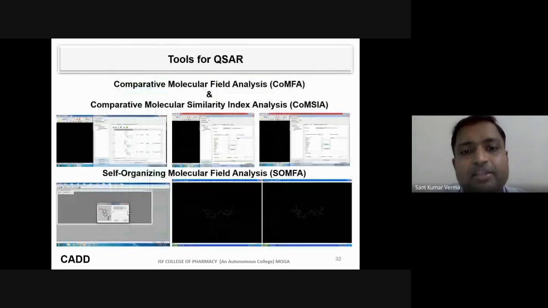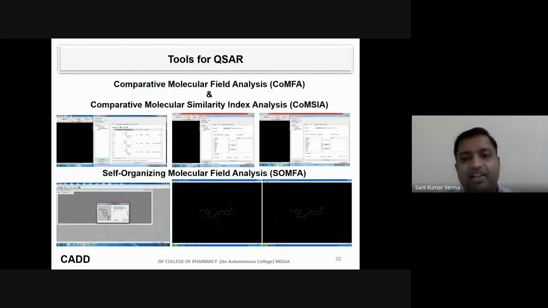These are the grid-based approaches where we get the grids of the molecule, grids like steric, electrostatic, hydrogen bond donor, hydrogen bond acceptor, and hydrophobic. CoMFA is similar to the field-based approach in Maestro, and CoMSIA is similar to the Gaussian-based approach in Maestro. And in SOMFA, self-organizing molecular field analysis, we get two types of molecular grids, steric and electrostatic.